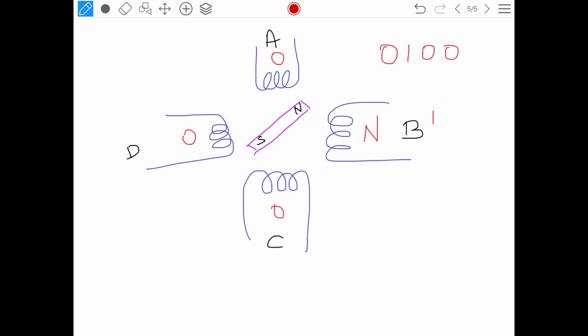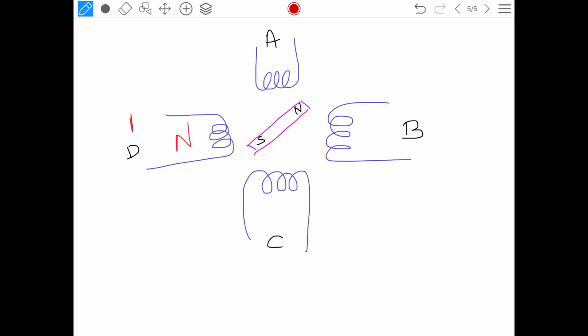Next step, I will establish a north pole on coil C. The rest of the bits are zeros, so the sequence will be 0, 0, 1, 0. Last step, I will establish 1 for the D coil.